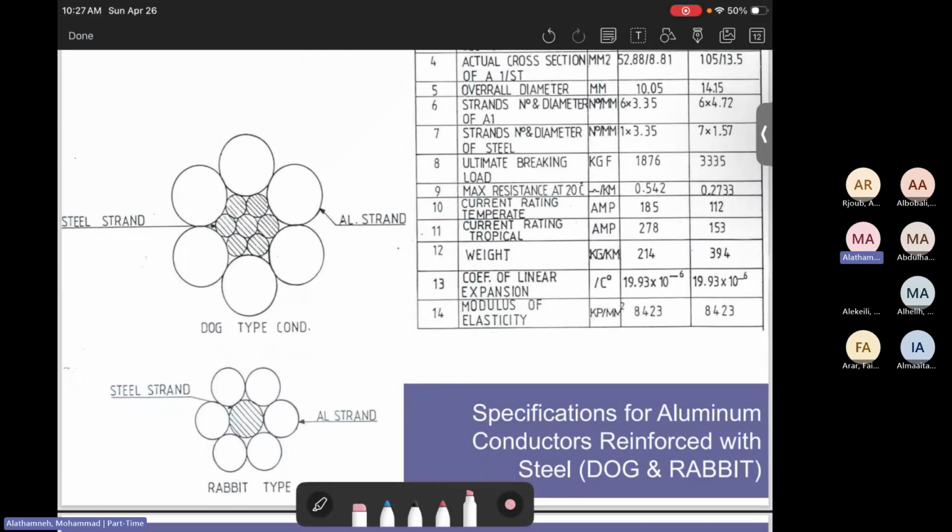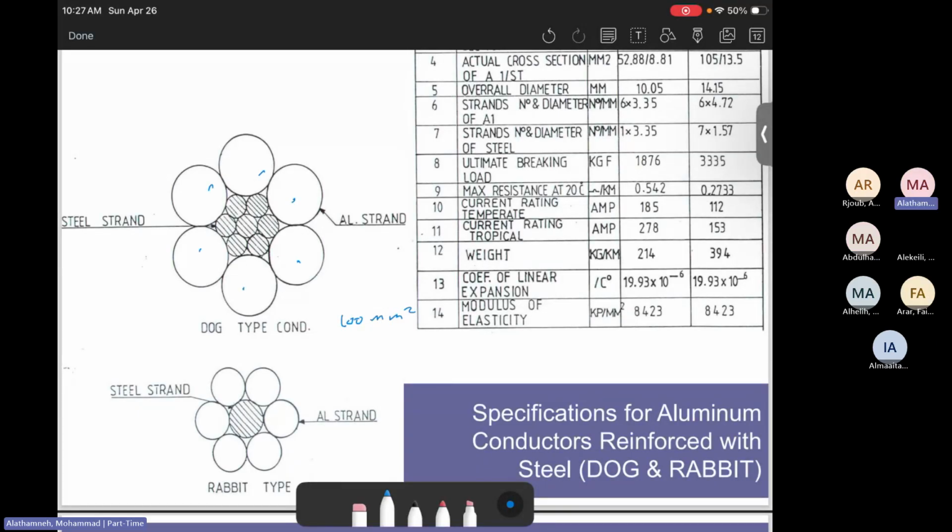Then when we look at it, you will see there are differences between rabbit and dog. The dog, which is 100 square millimeters, has 1, 2, 3, 4, 5, 6 aluminum strands and 7 steel strands.